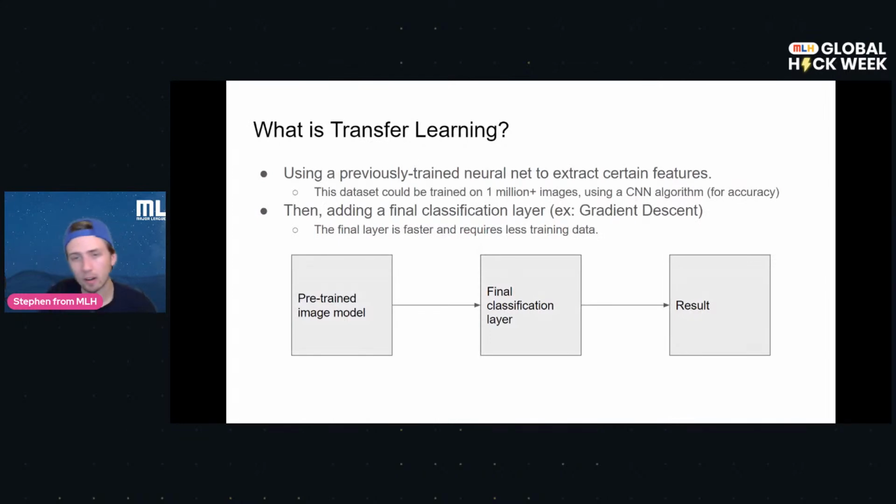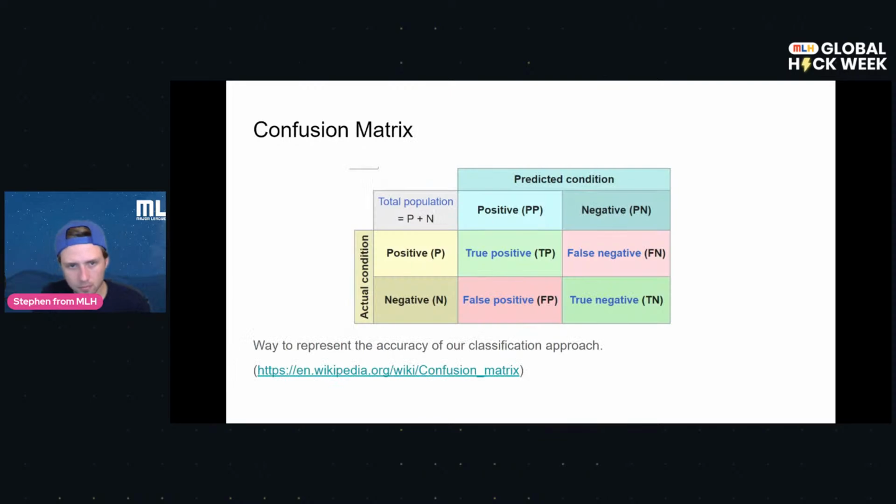So we're going to put it on top of a pre-trained image model that is pre-trained with over 1 million images using a CNN algorithm to figure out the best features to extract from the image. And then we hope to get an accurate result. We also talked about the confusion matrix. This is a way of figuring out whether our classification algorithm is accurate or not. And we're going to be implementing the confusion matrix today.